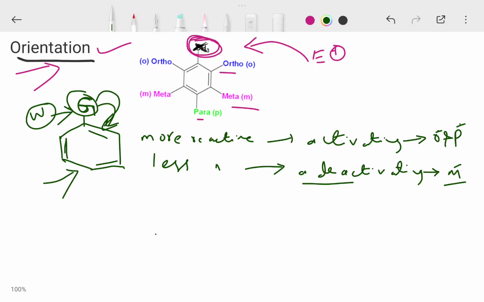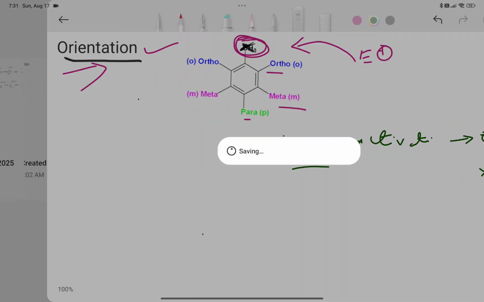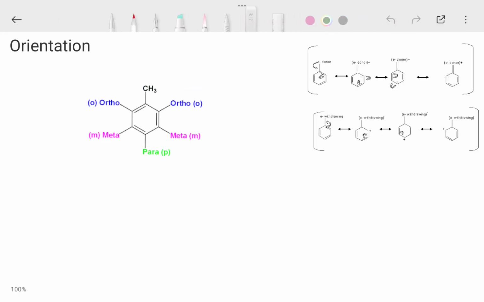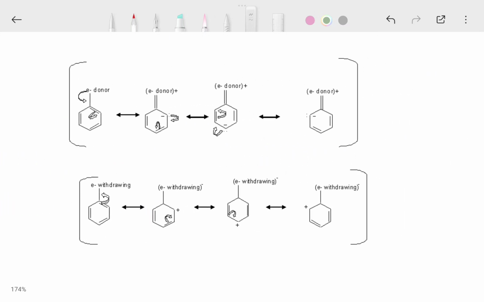This is the orientation. For example, electron donating groups or electron withdrawing groups. Electron donors, or electron donating groups on the benzene ring, donate electrons towards benzene and increase the electron density on the ring.